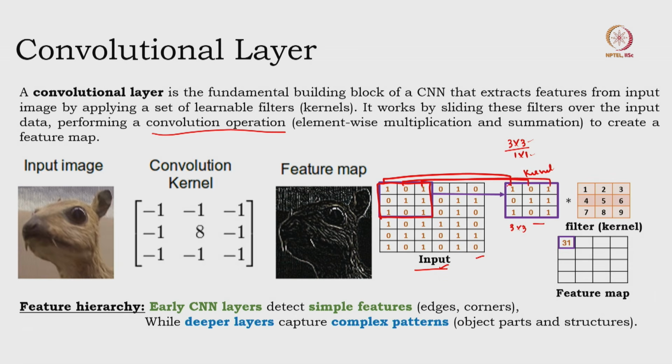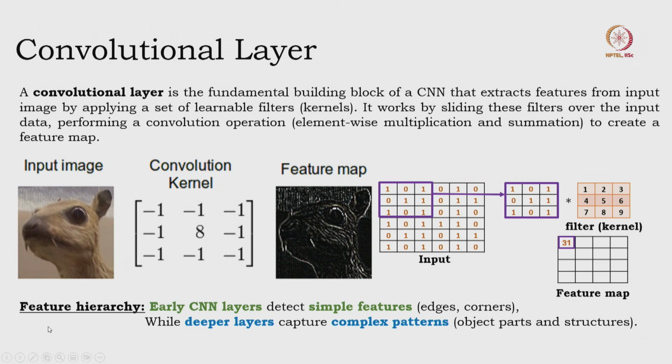Then, 0 gets multiplied with. So, you will have an element wise multiplication, and then you will do a summation in order to create a feature map.